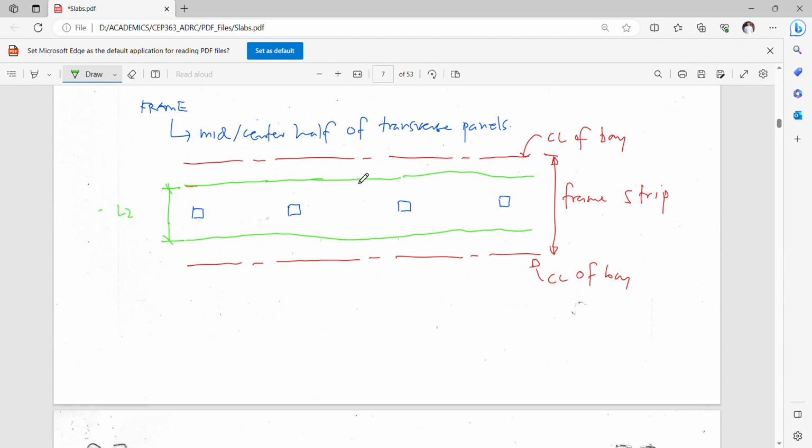This is the bay, this is the transverse direction, so this is L2 over 4 plus L2 over 4, which is simply equal to L2 over 2.